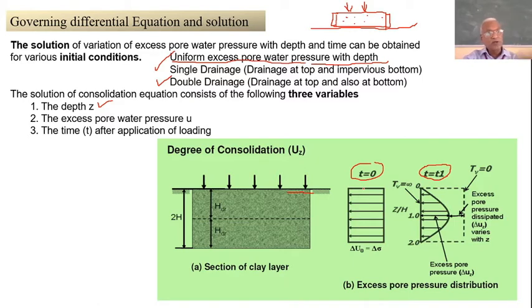Because once the water comes out, it is relieved of the pressure. That is what happens in the layers nearer to the top or nearer to the bottom, because it needs very little time for the water to go out. So suddenly this whole pressure is reduced to 0.